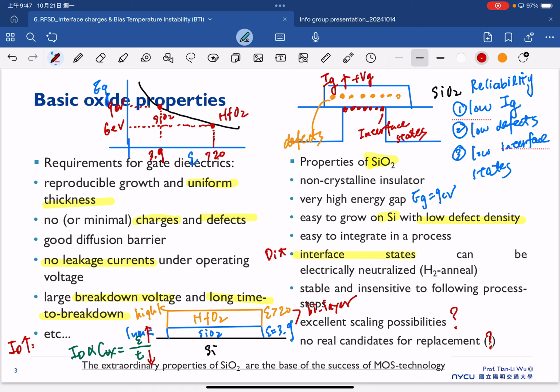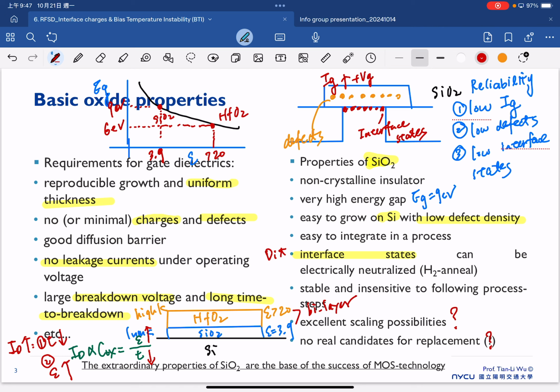That's why the adoption of high-K material is very important, because in the end we can either reduce the thickness or find a material that has a large dielectric constant, which gives us a great property to improve our current.